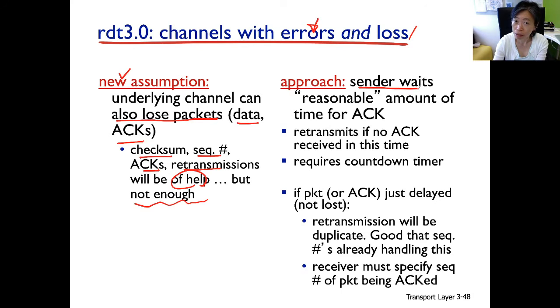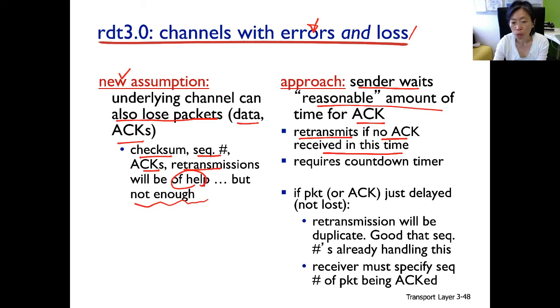The sender waits for some amount of time for the ACK to come back. If the ACK does not come back within the time window, then retransmit the packet. Okay, so retransmit the data packet if no ACK comes back within that timeout interval.